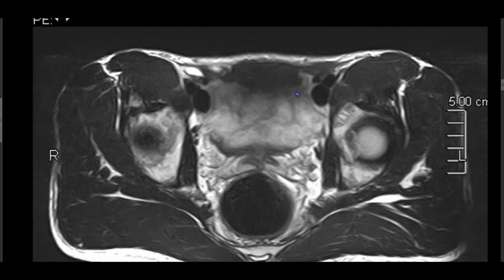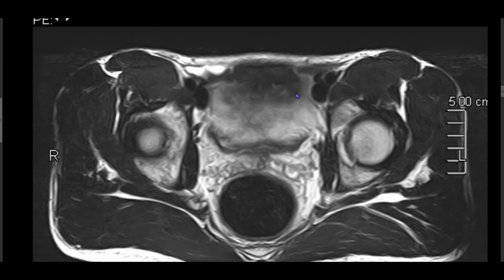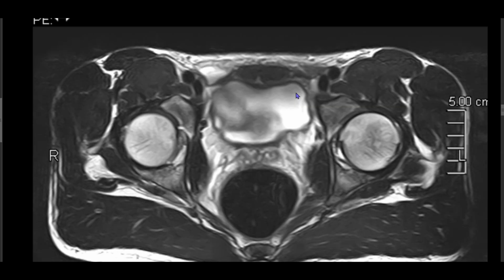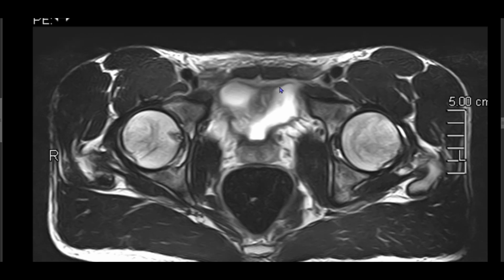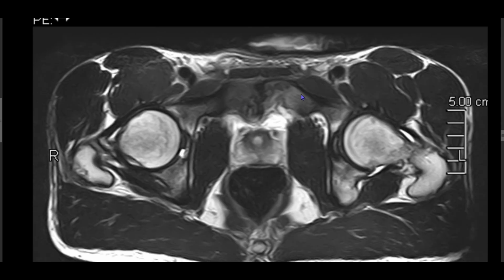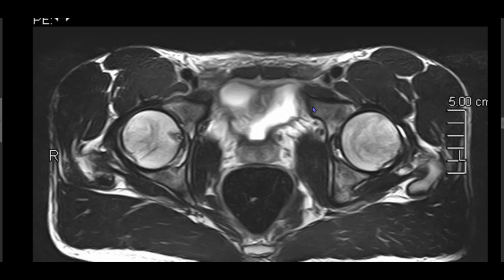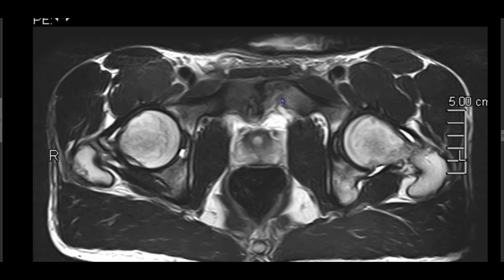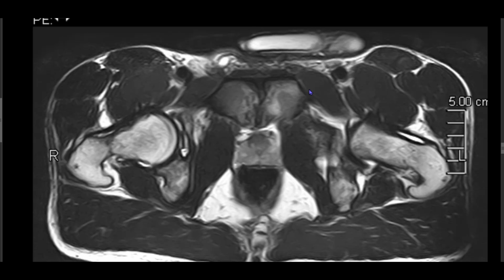So this would be a tear of the external oblique muscle, which is extending inferiorly in the form of a tear of the anterior wall of the inguinal canal. Here there is a pseudo hernia defect formation, because of which the fluid is seen tracking along the spermatic cord.